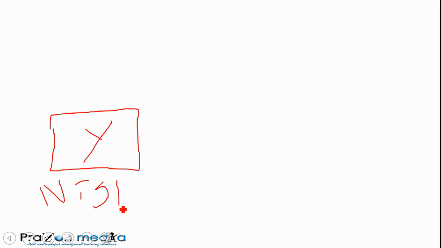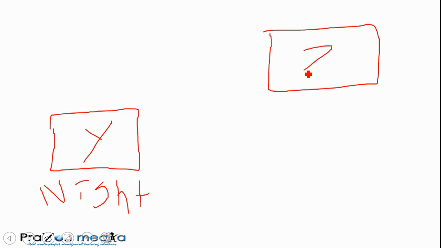So let's say we have a night guard, and let's call it night guard Y, right? And night guard Y, of course, works the night shift. And let's say we also have a day guard, and let's call the day guard Z, for example.